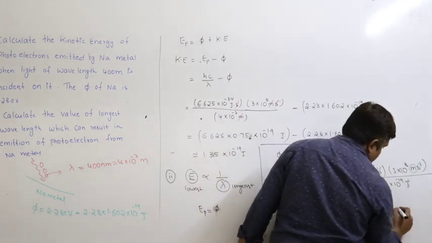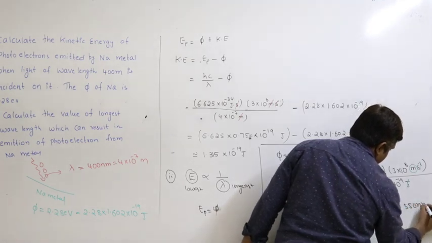Upon simplification, approximately you will get 550 nanometers.